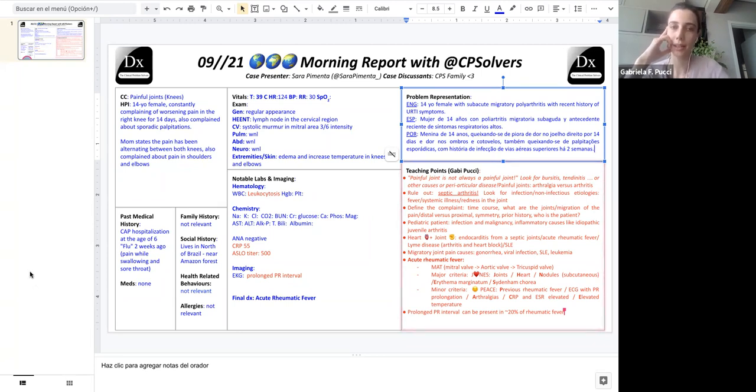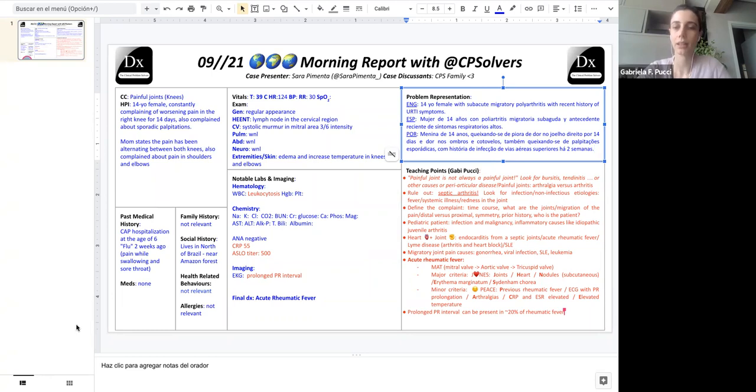In this case, we had heart and joint symptoms, and we made a small list of diseases that can cause symptoms in those places, which are endocarditis from septic joint, acute rheumatic fever, Lyme disease, and systemic lupus erythematosus.